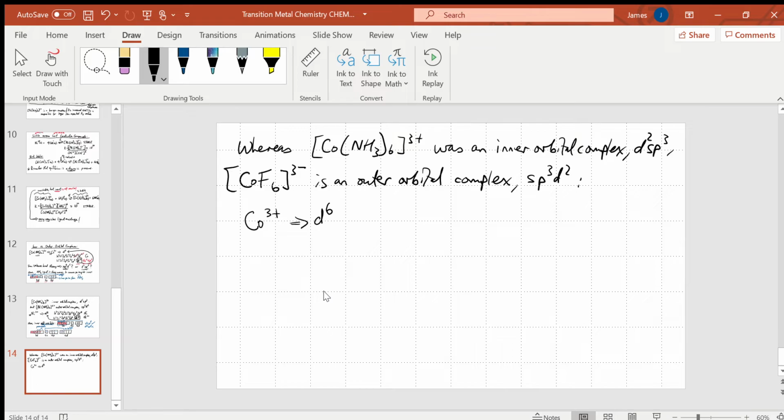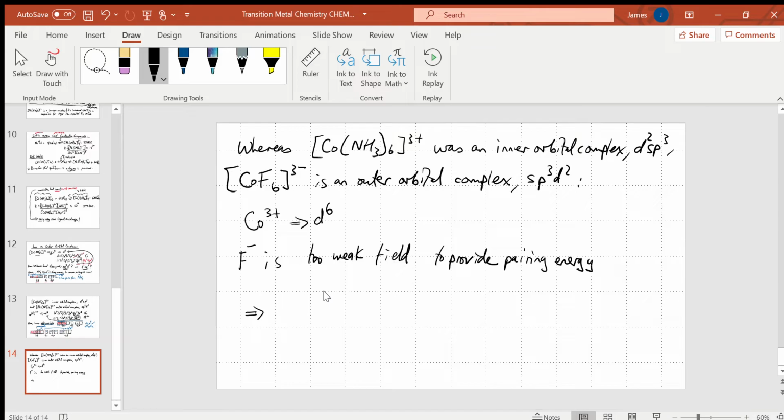However, the fluoride ligand is too weak a field ligand to provide pairing energy. So we're not able to pair.